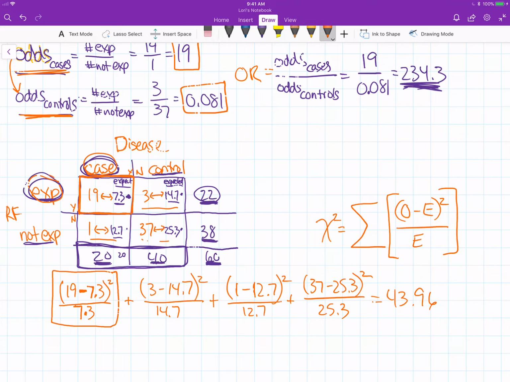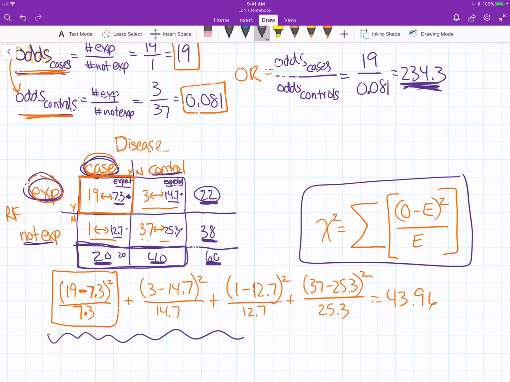So this equation right here is exactly the same thing that we just did down here at the bottom. We basically took, for each of the different cells, we said how far away is our data from what we would expect it to be if there's no relationship between those two variables.